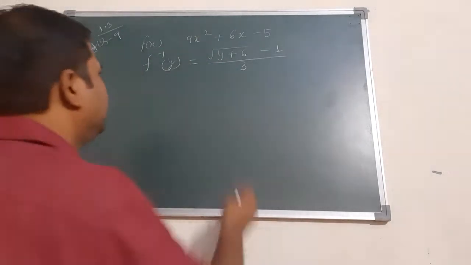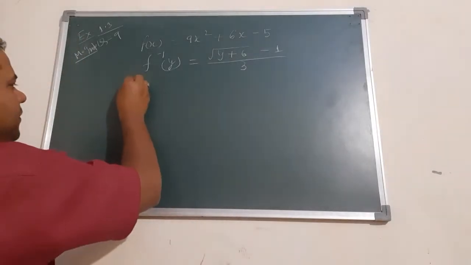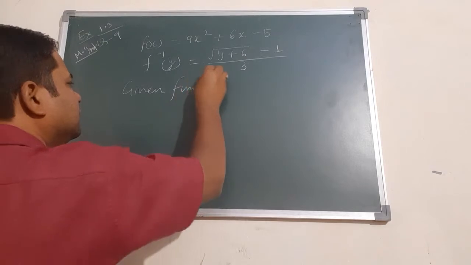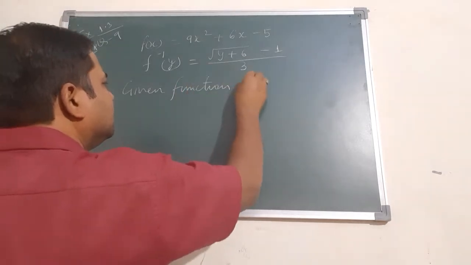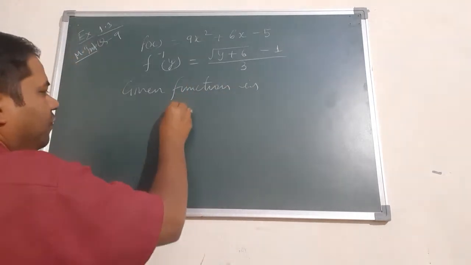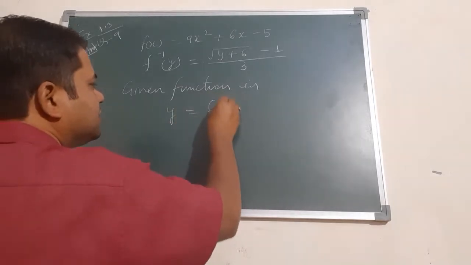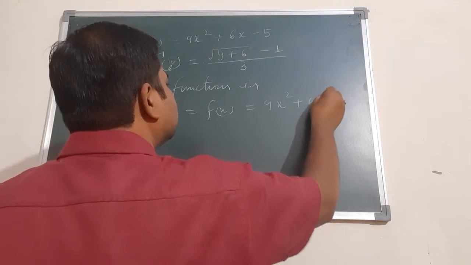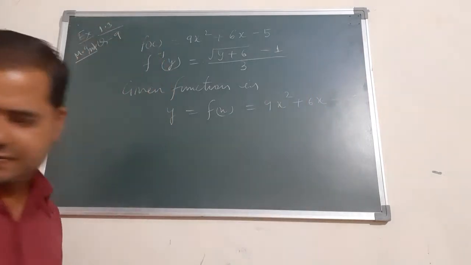First of all, the given function is y equals f(x) equals 9x square plus 6x minus 5.